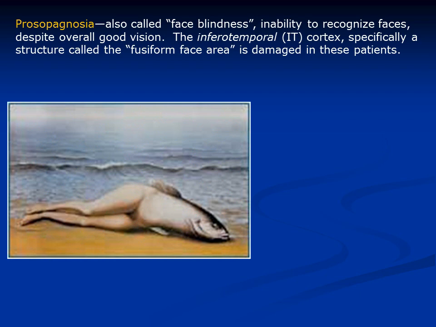Prosopagnosia, specific to faces. This is also called face blindness. And I mentioned in the temporal lobe, the what visual stream. It's also been tentatively labeled as well the who pathway, because faces are represented here.